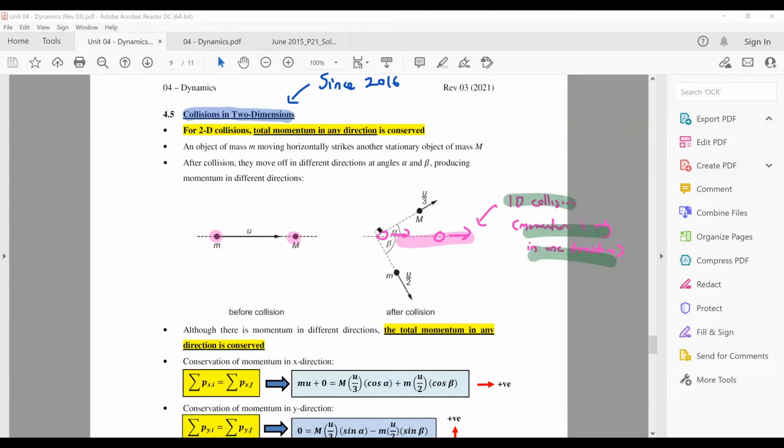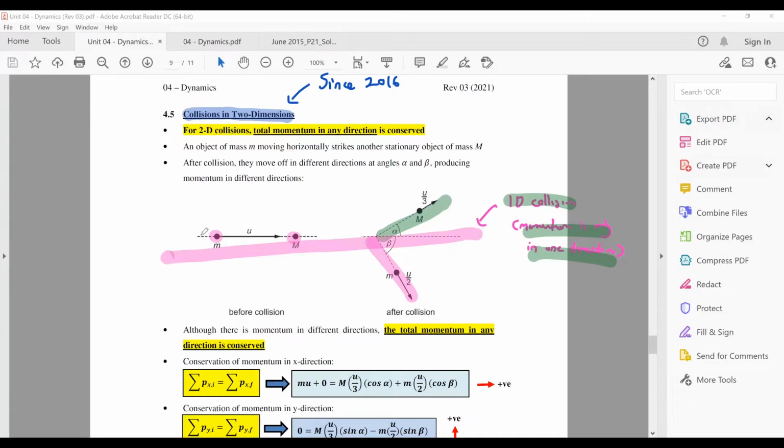So instead of having a case that looks like this, where both still move off in one straight line, it could be that after collision, one of the objects moves in this direction, and one of the objects moves in this direction. You see, they are no longer moving in a straight line.